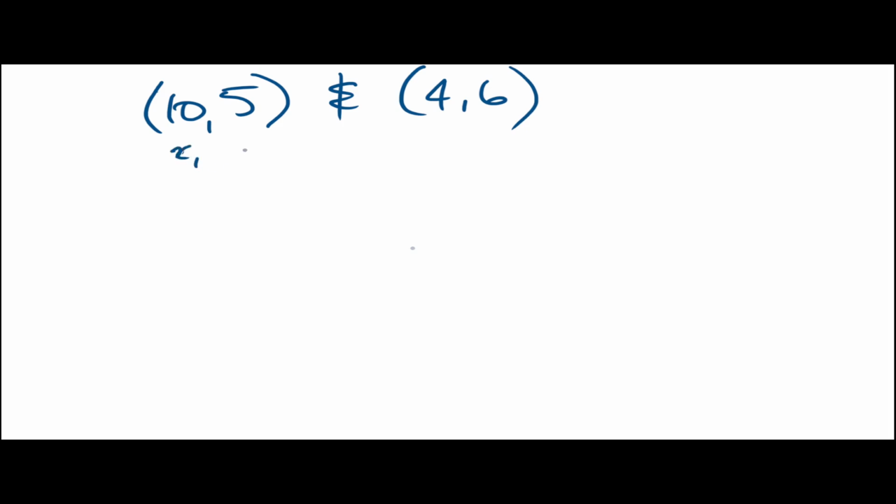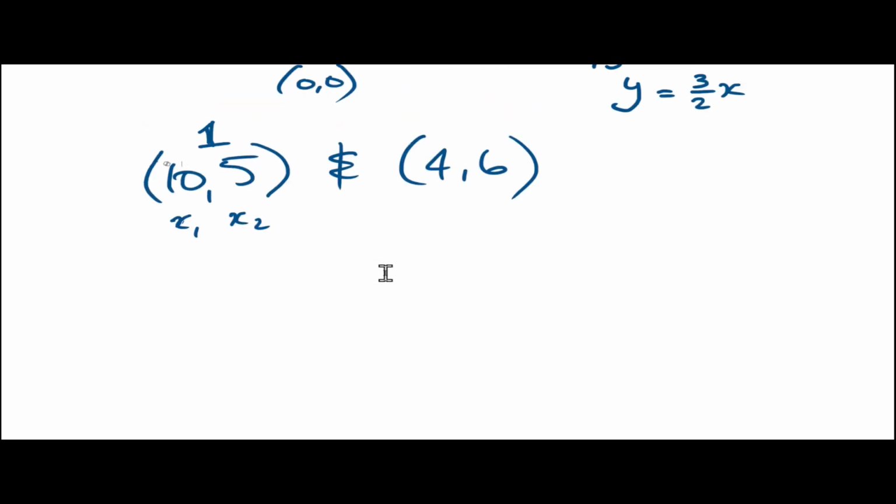So that's x1. That's y1, because this is point number 1. And this is point number 2. So this is going to be x2, the x that belongs to the second point, and this is going to be y2, the y coordinate that belongs to the second point.